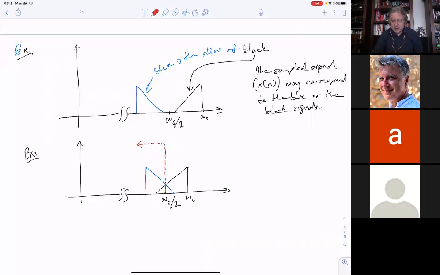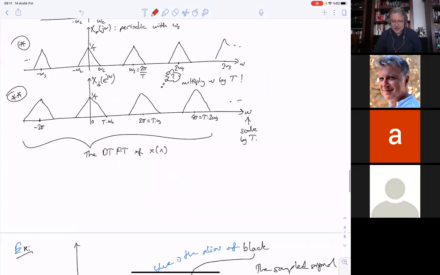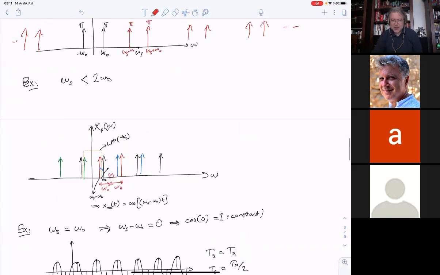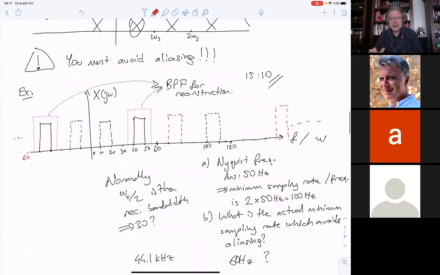Of course, we have also seen a situation where, as long as they don't overlap like these, you can not apply the regular low-pass filtering for digital to analog conversion, but you can apply a band-pass filter for the reconstruction. That is a possibility, of course. You can do that, but it would be quite specific or dedicated to your sampling system.